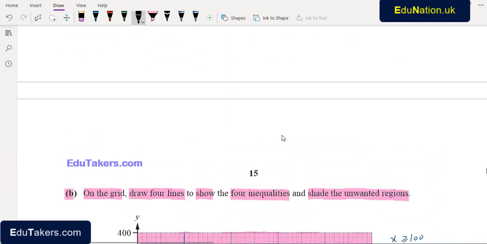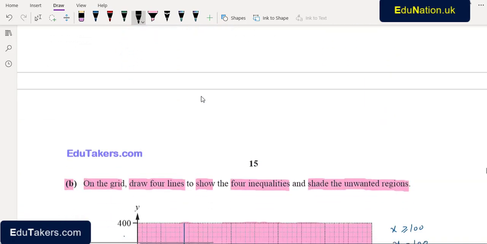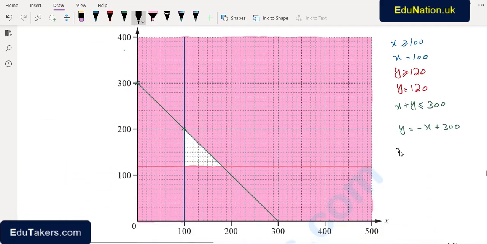The next inequality is x plus 2y is greater than or equal to 400. Equation will be 2y equals minus x plus 400, and in standard form y equals minus 1 over 2 x plus 200.